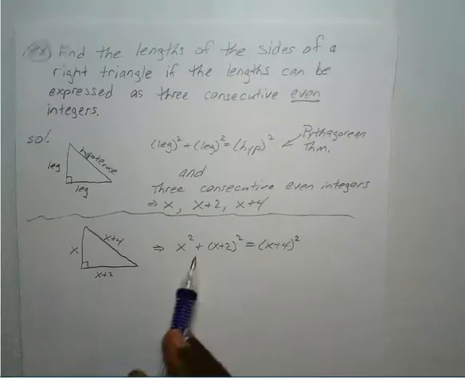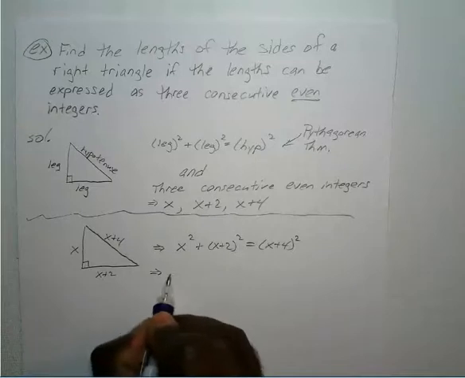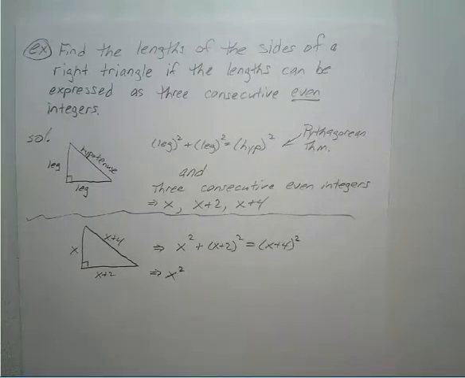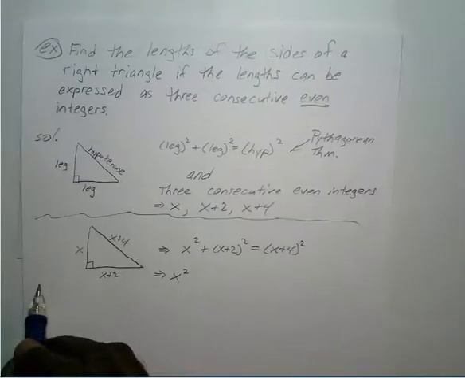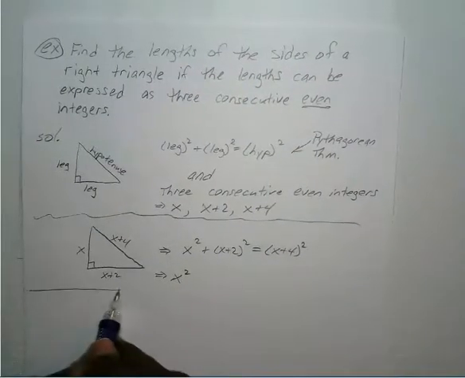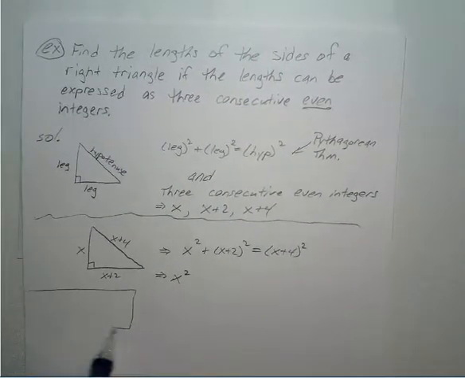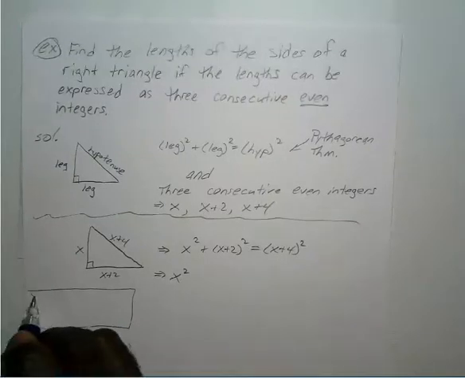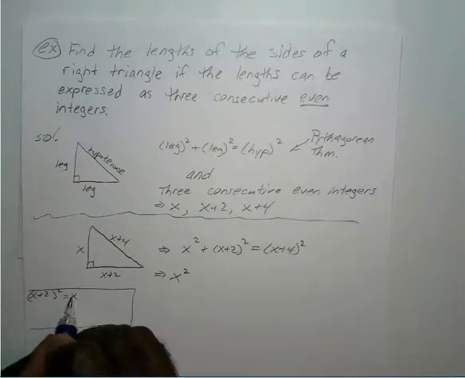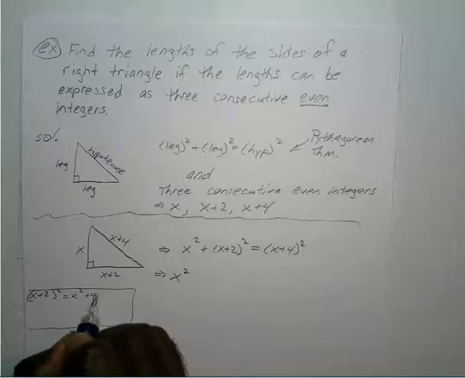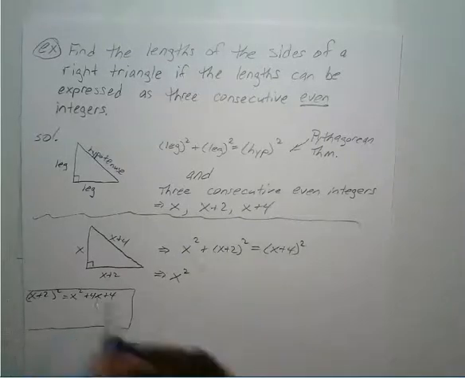Alright, so that gives us x squared. And just to avoid having too much extra stuff written around, x plus 2 squared is equal to x squared plus 4x plus 4.